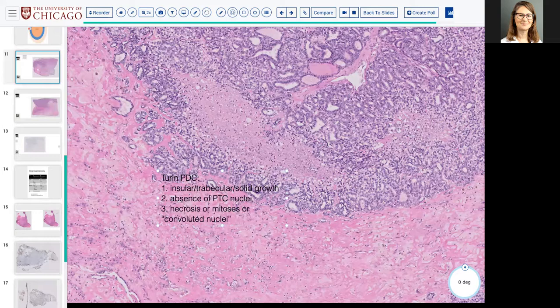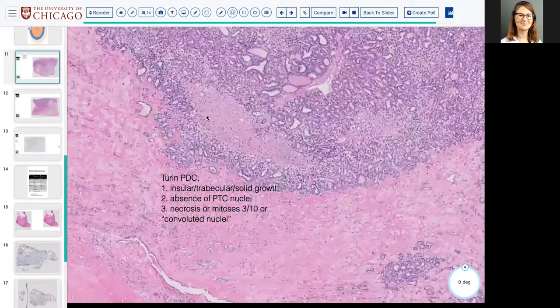Okay. So Turin poorly differentiated means the presence of insular, trabecular or solid growth, the absence of papillary carcinoma-like nuclei, and the presence of either necrosis or mitoses, this being where the 3 per 10 comes from, or, quote unquote, convoluted nuclei.